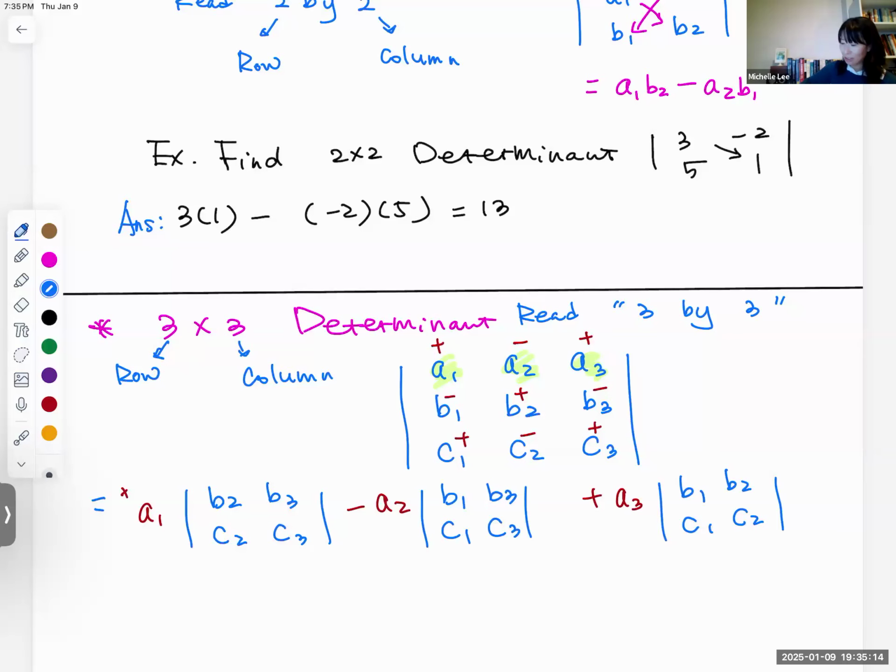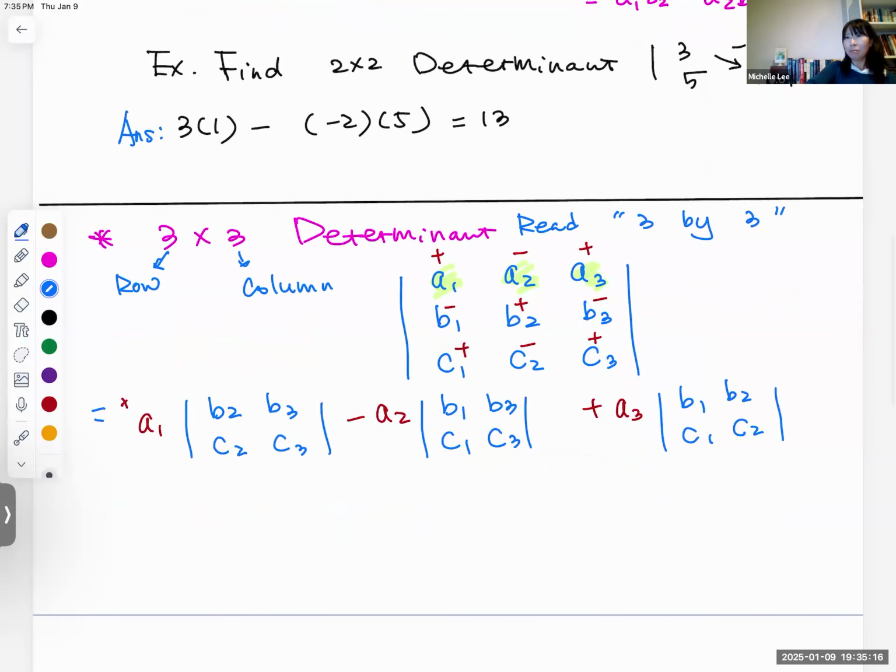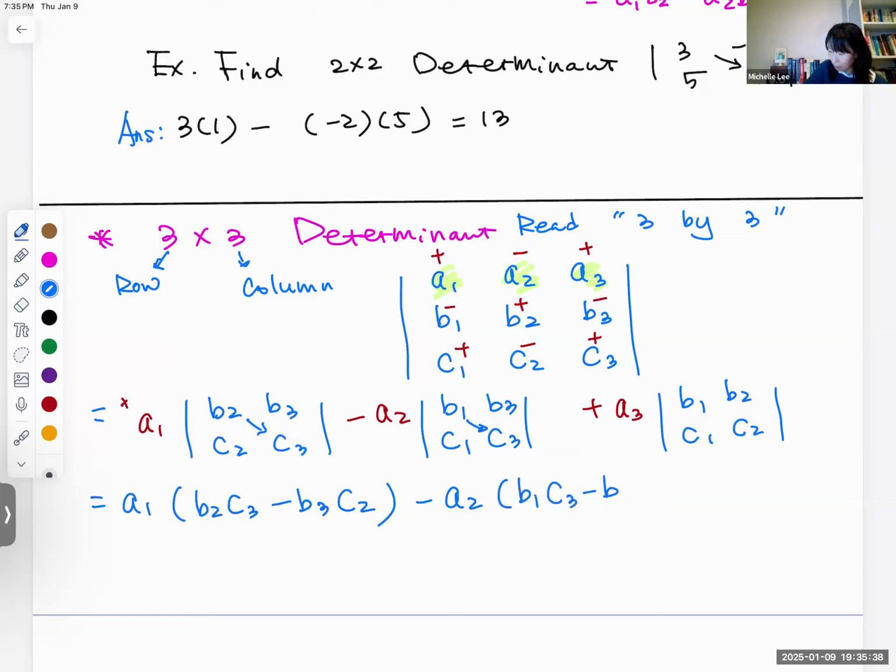All right. Now we know how to calculate the determinant of 2 by 2, right? So then we can do that. So that will be a sub 1 times, multiplying this way, b sub 2, c sub 3 minus b sub 3, c sub 2. And minus a sub 2 times b sub 1, c sub 3 minus b sub 3, c sub 1.